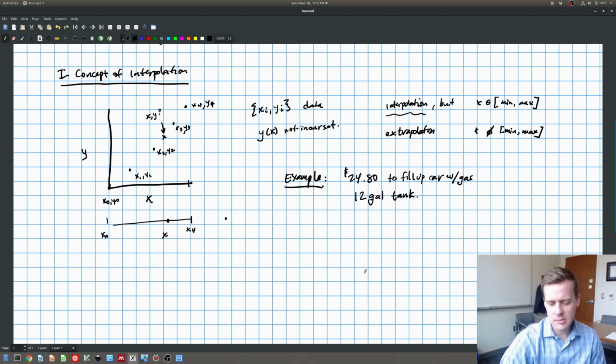So you have this plot that looks like this: you know that there's 0 gallons, $0, and out here you have 12 gallons, $24.80. Now suppose it's 1/4 full. That means you need to fill 3/4.